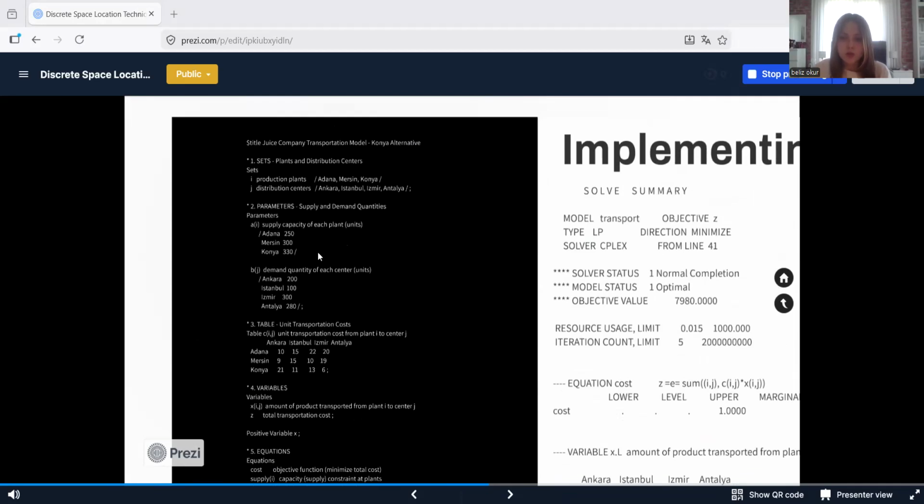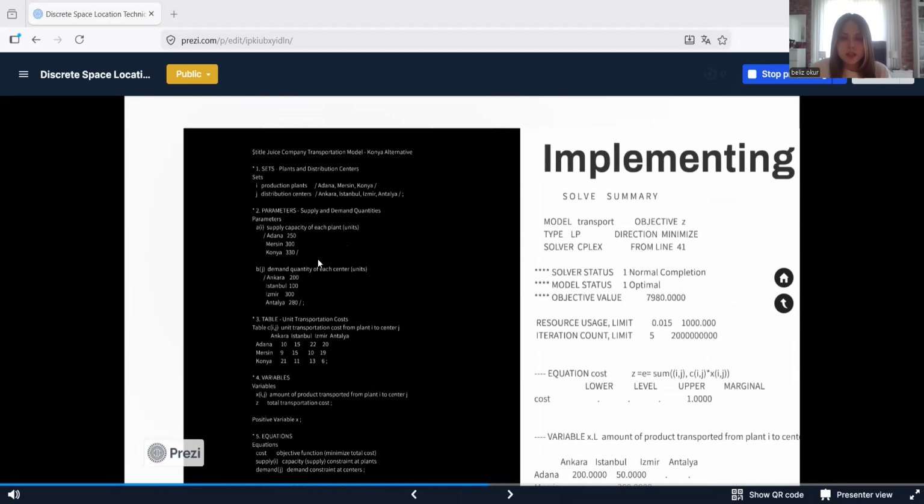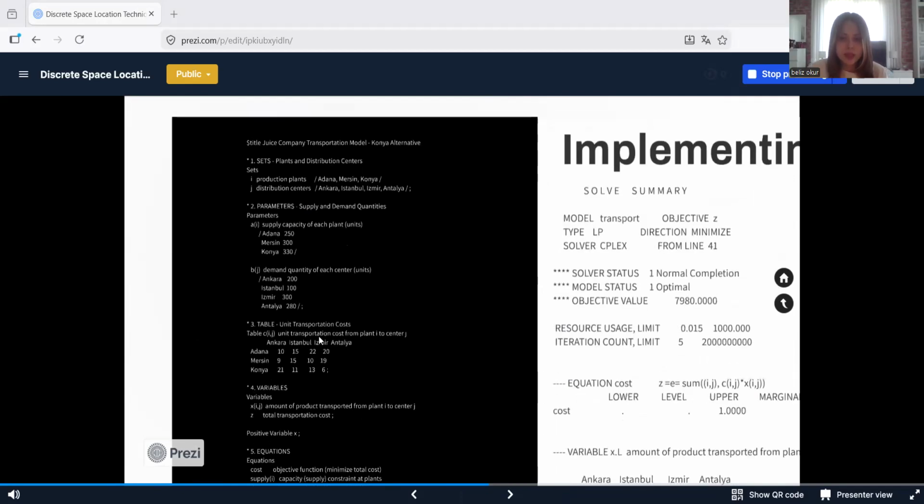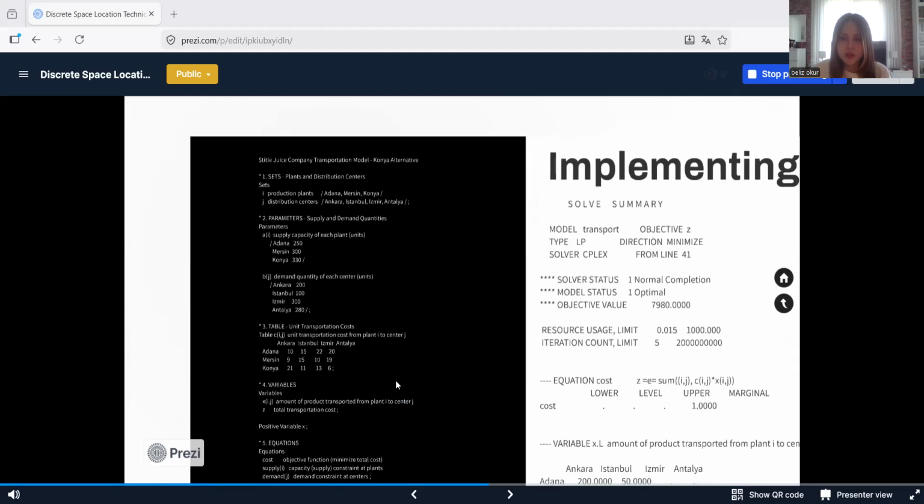You can see the code. We define our sets, the plants and the centers. Our parameters, supplies, demands, and the unit cost table, and our variables. Finally, we write supply and demand equations to tell GAMS to minimize the objective cost.